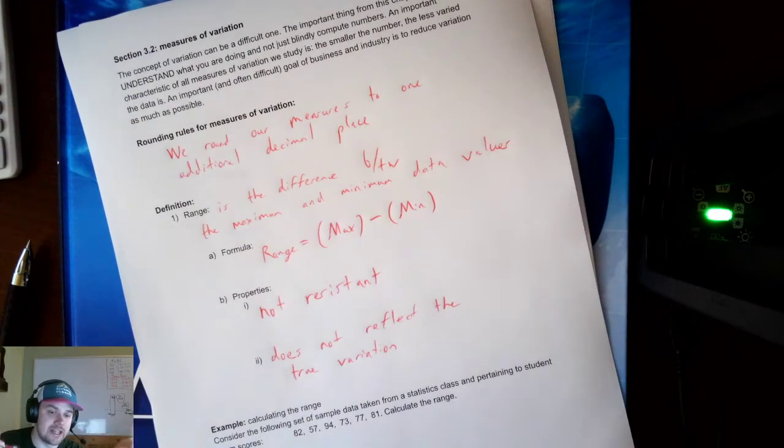Max 100, min 25, a spread of 75. That is not very helpful for that data set. So the range isn't necessarily the best measure of variation. It's just one calculation we can do, and it gives us an idea of how spread the endpoints of the data are, right? It gives an idea of how spread out the data is overall from end to end, right?